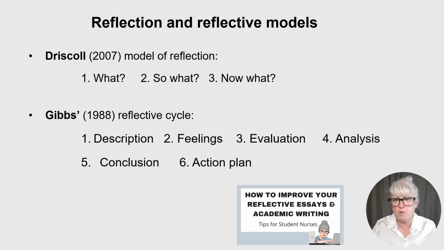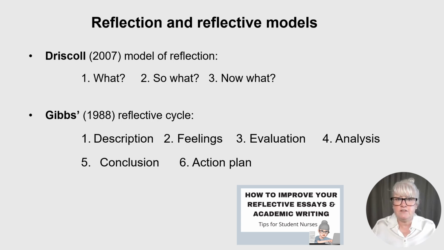It consists of 3 questions, but Driscoll did then add further trigger questions to help complete reflection. But you start with these 3 questions: what, which describes the situation or experience; then so what is when you reflect on what you've learnt as a result of this experience; and then the now what, actions will we take as a result of this reflection.